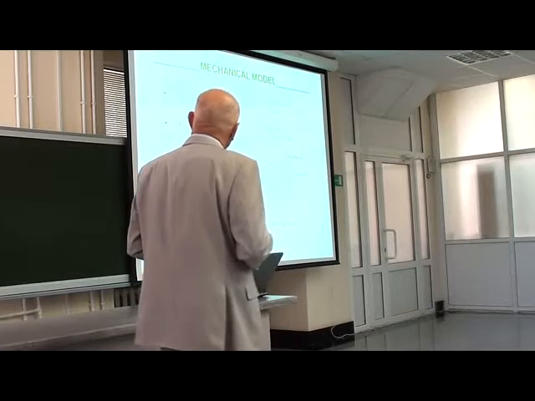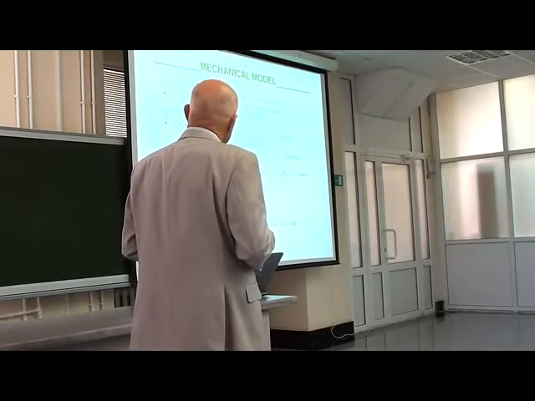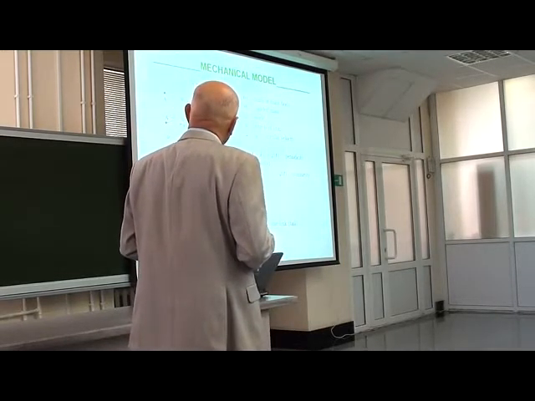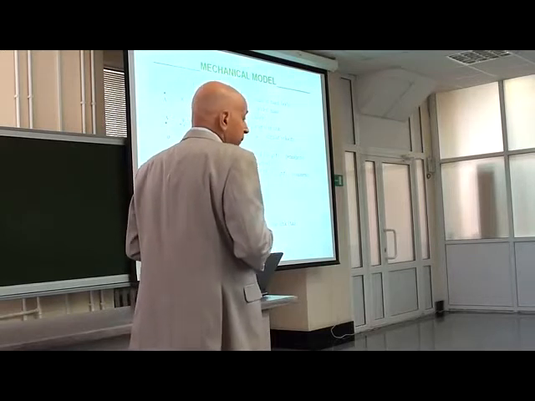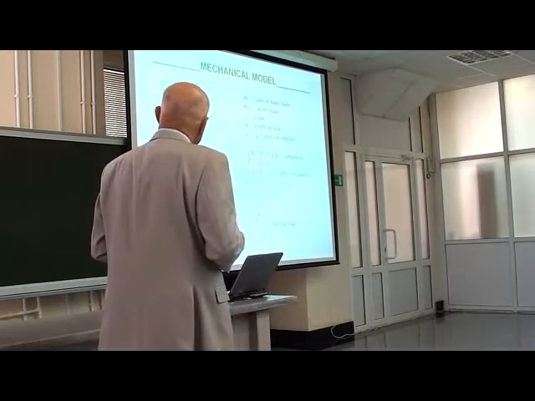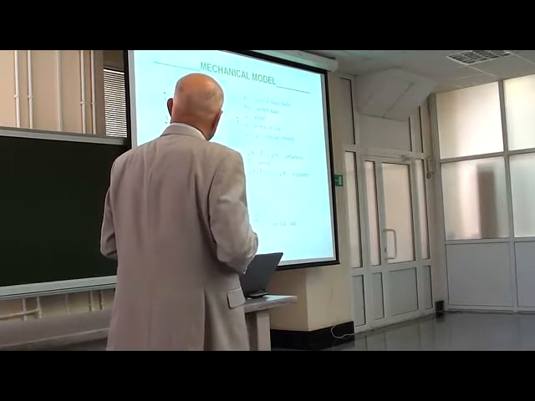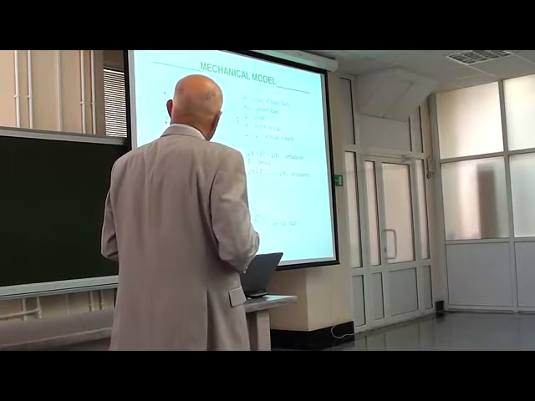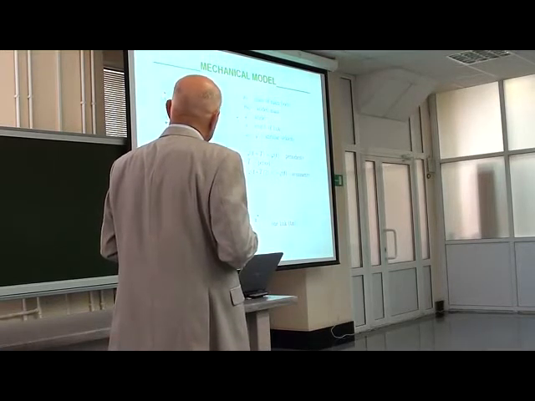And we assume that the resistance forces also act on these links, but for simplicity, we admit that the resistance force applied to the links is applied really only to endpoints, A and A prime.